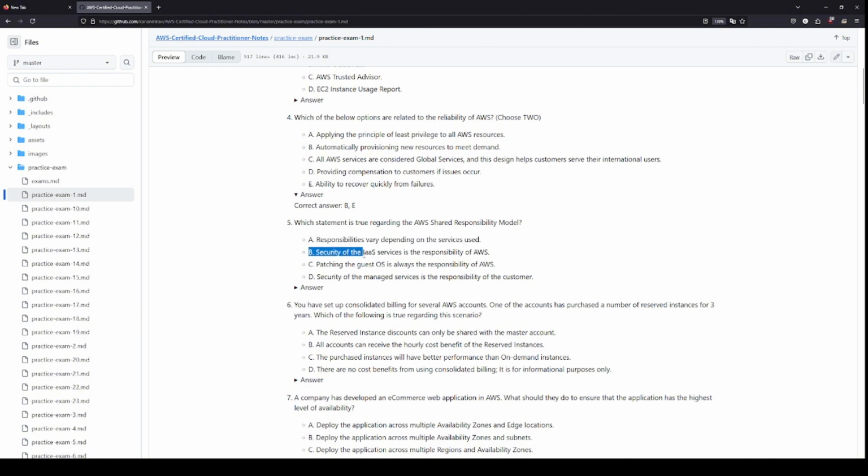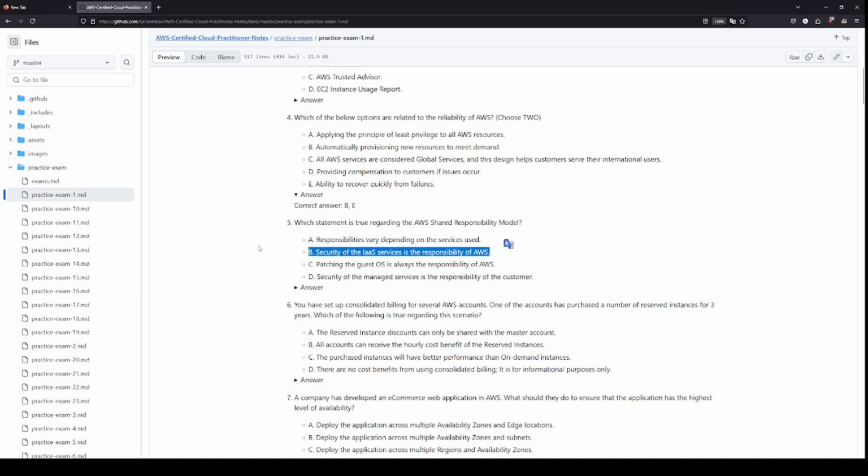B, security of the infrastructure as services is the responsibility of AWS. This is not true. AWS is responsible for the infrastructure itself, so they must maintain the security of the physical servers.